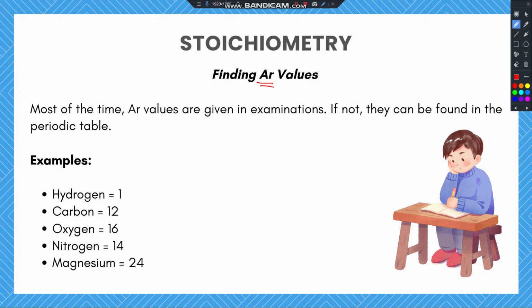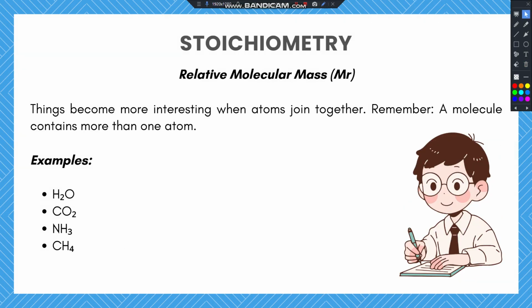Well, most of the times these values are given in examinations, but if they are not, they can be found on the periodic table. For instance, the relative atomic mass of hydrogen is 1. That of carbon is 12. That of oxygen is 16, and that of nitrogen is 14. And finally, magnesium is 24. These are all examples of some elements that are found on the periodic table and their atomic masses.